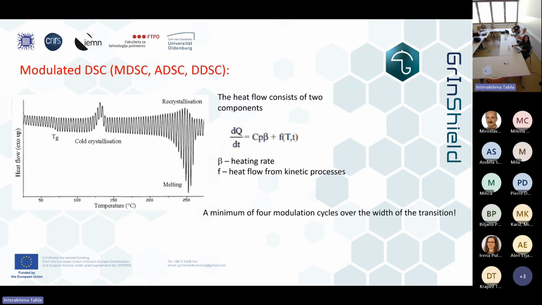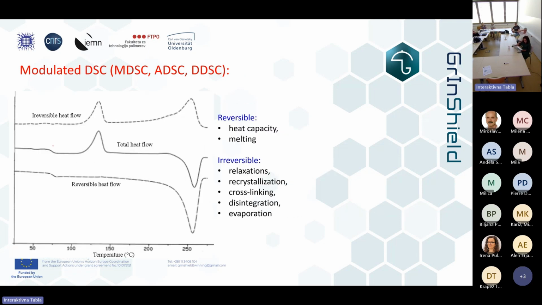So the signal we get is something like this. This cannot really be used. But then after a bit of mathematics, we obtain irreversible heat flow and reversible heat flow. And this is the total heat flow, which corresponds to the normal DSC measurement.